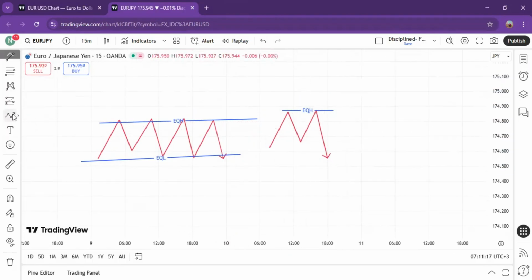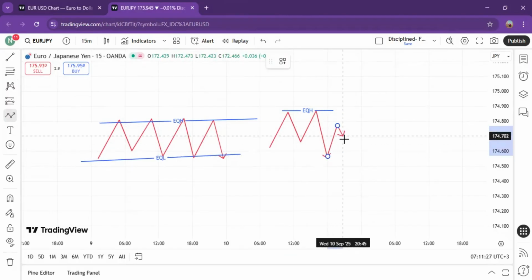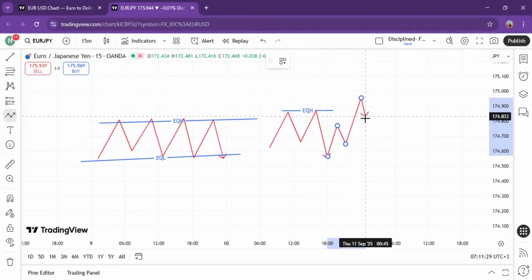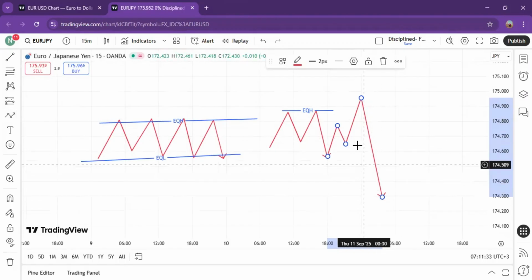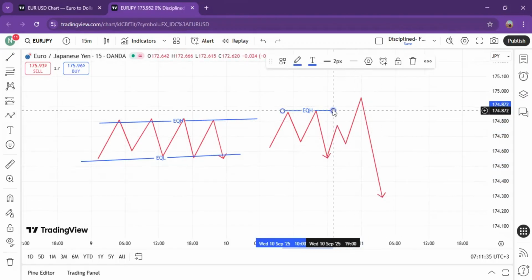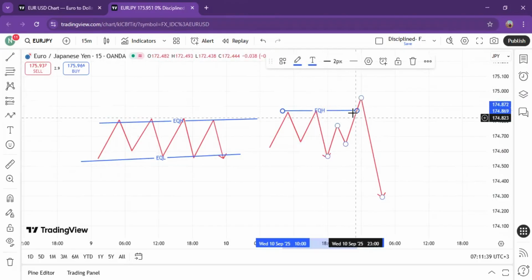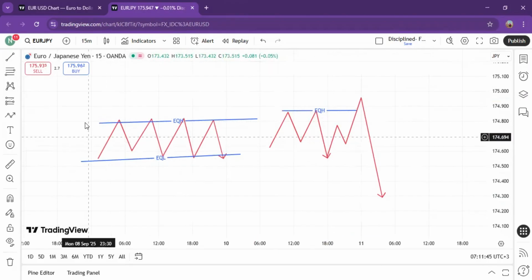While we have the equal highs or even the equal lows, the same thing will happen. The market will eventually come, take out the orders above that point, and continue moving, perhaps downwards, after taking the orders above these points here. So that is how equal highs and equal lows work.